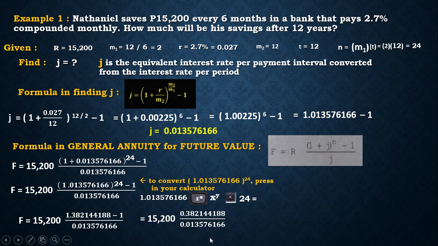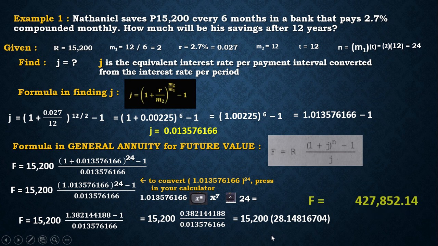0.382144188. Next step, i-divide po natin itong part na to. 0.382144188 divided by 0.013576166. Ito po ay hindi dapat galawin. So, pag dinivide po natin ito po ang nangyari. 28.14816704. Ngayon, ang last step, i-multiply po natin yung 15,200 sa 28.14816704.